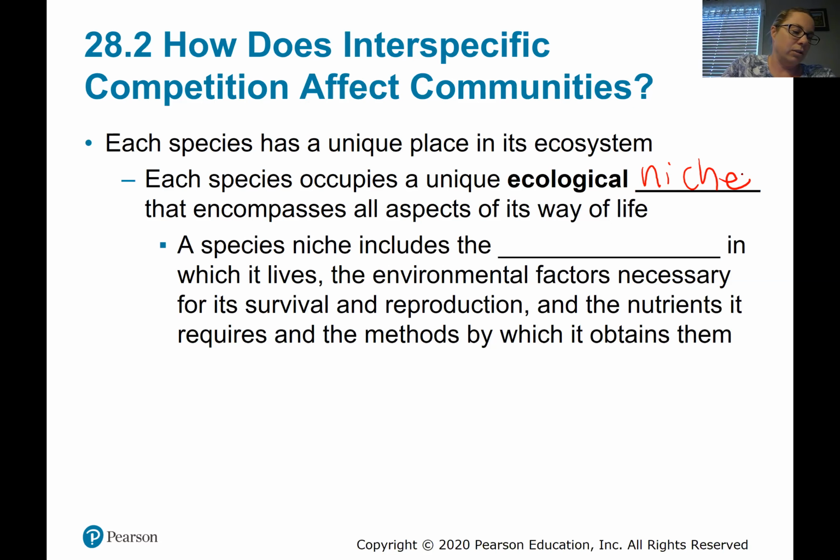So a species' niche includes its habitat. Okay. Environmental factors for survival and reproduction. So the food, the space, the shelter, water, things like that. The nutrients, and the methods by which it obtains those nutrients. Okay, so hunting methods, or nitrogen absorption methods, or leafing methods to absorb light for photosynthesis, and so forth.